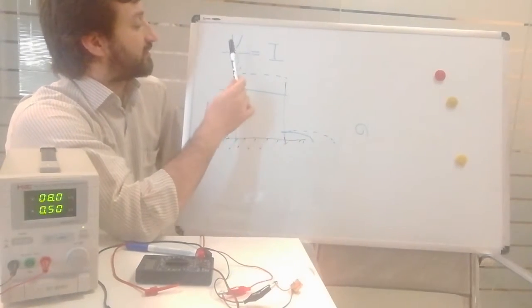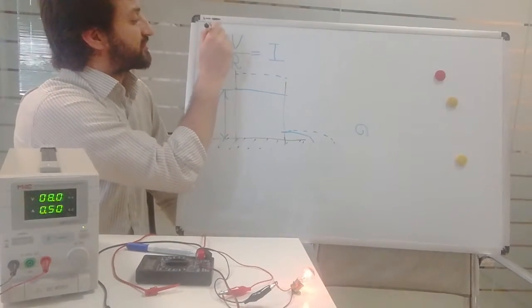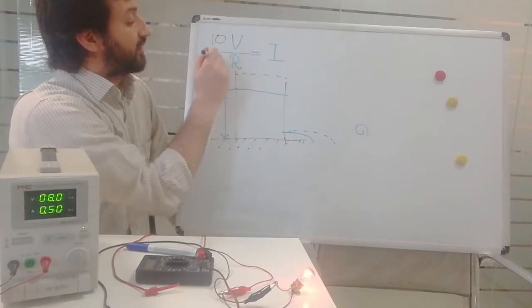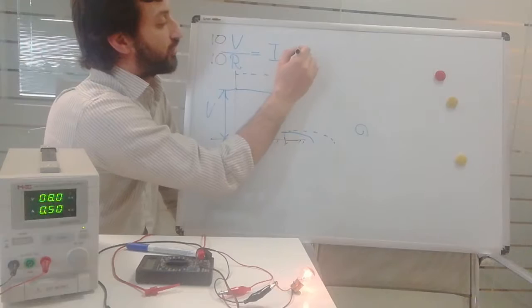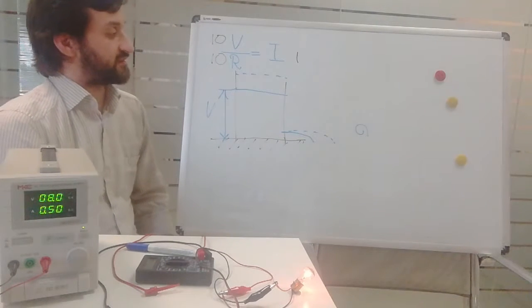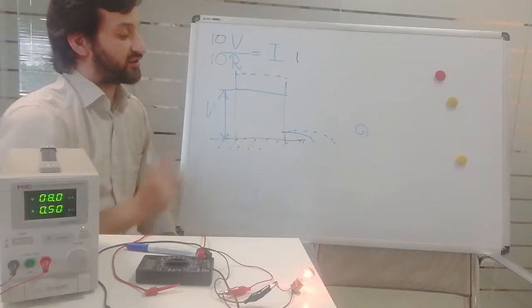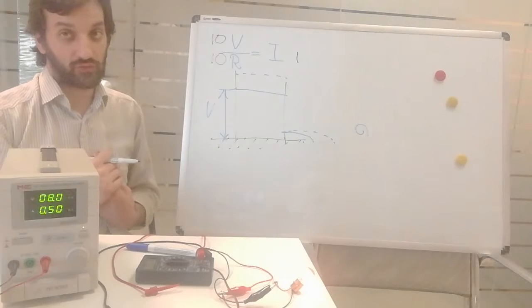If we take a numerical example, let's suppose this is 10 and this is also 10, you're going to have a flow of 1. If the resistance becomes higher, with greater resistance, you're going to have less flow.